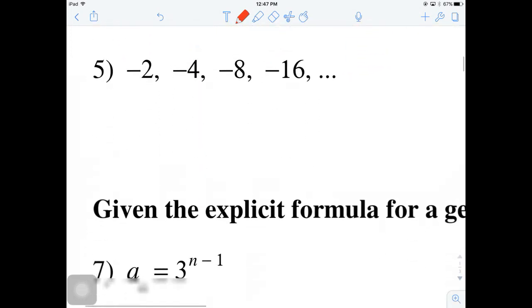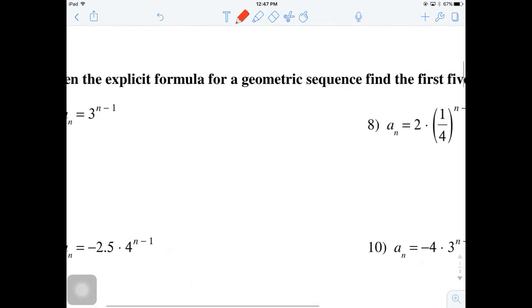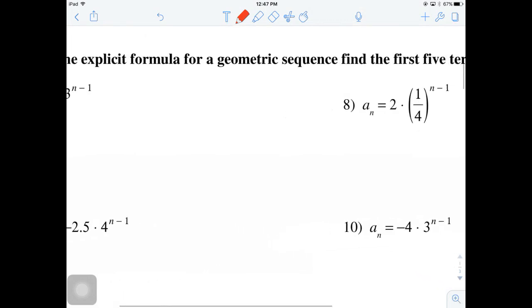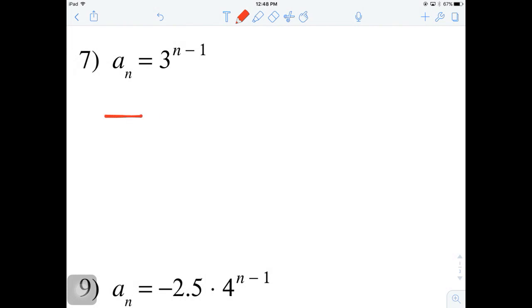Number 7. Given the explicit formula for a geometric sequence, find the first 5 terms and the 8th term. So they want you to find the first 5 terms and then find the 8th term. So here's the first 5 terms.